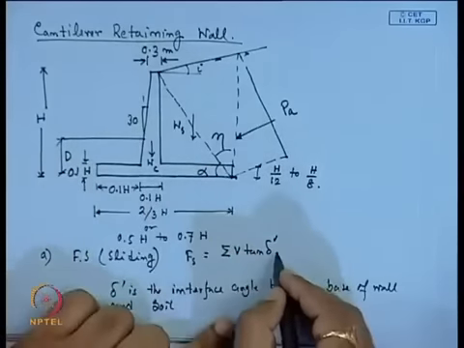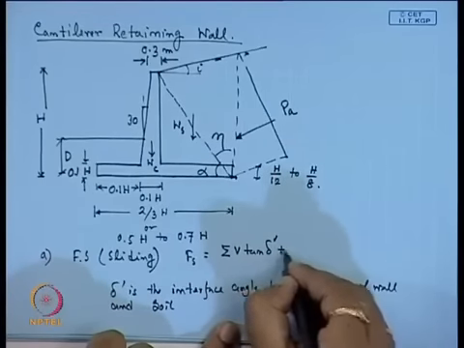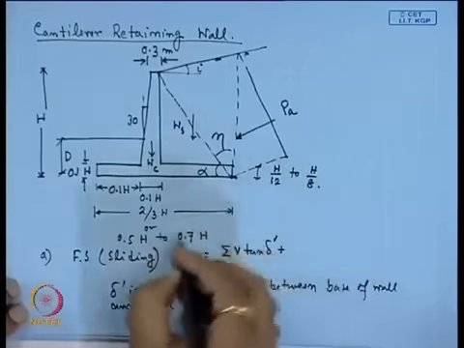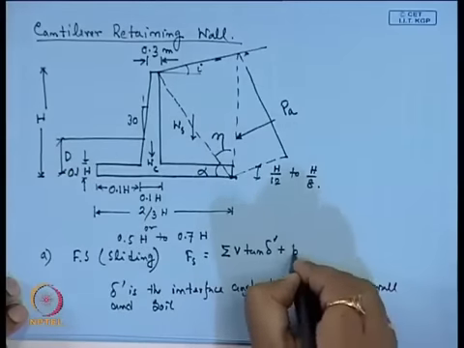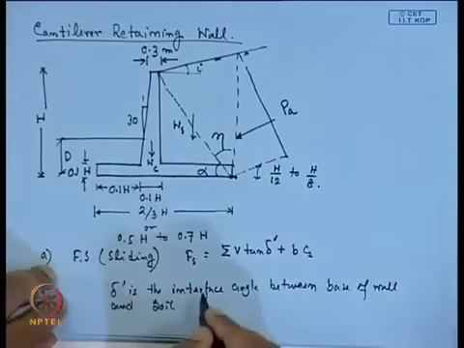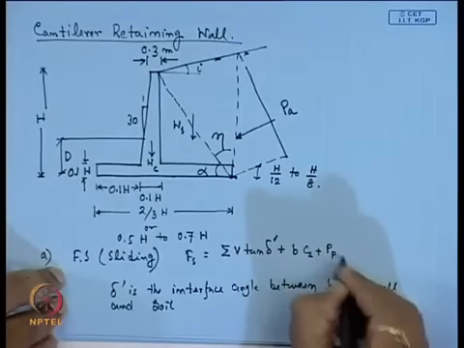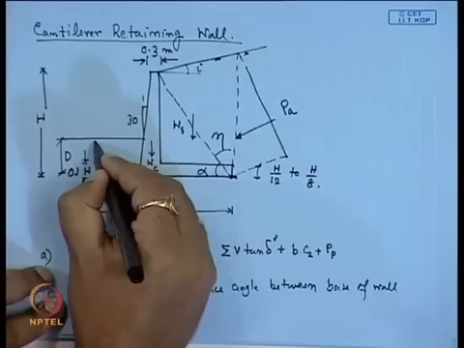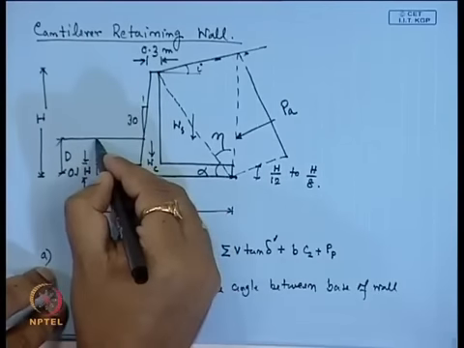So, this is the summation of V into tan delta, plus, if this total base width is B, B into C 2, where C 2 is the cohesion of the base soil, plus P P, if I consider the passive force P P that is also acting here.